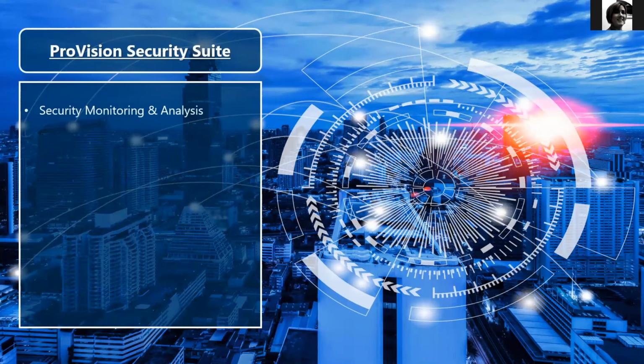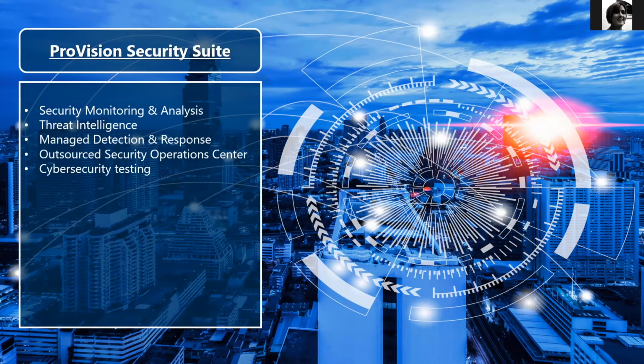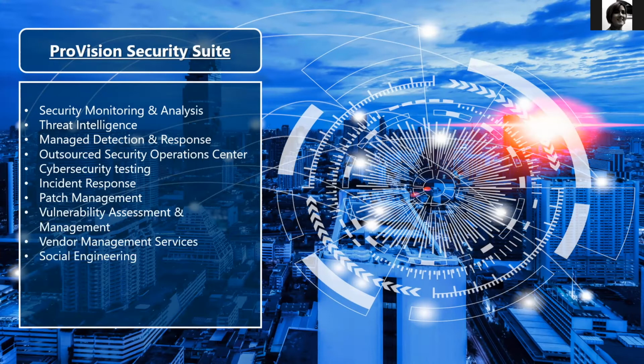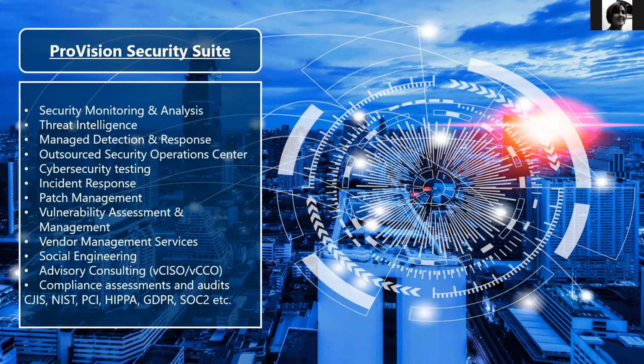If you are a reseller or a client and you're thinking about some of the other aspects, especially in the case studies that we've talked about, we do have other services within our Provision security suite that include things like cybersecurity testing, so penetration testing, social engineering, how susceptible is your staff to clicking on that email or letting someone carrying a pizza box into your data center so that we can plug into your network.